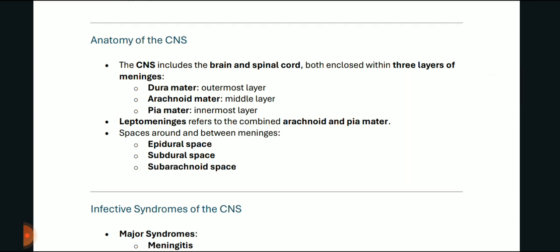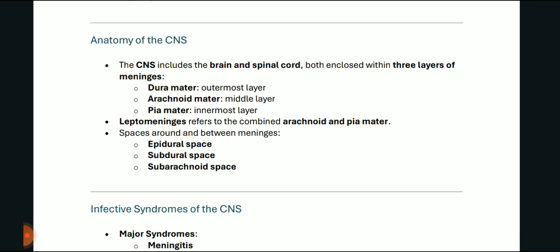The CNS includes the brain and the spinal cord, both enclosed within three layers of meninges: dura mater, which is the outermost layer, arachnoid mater, which is the middle layer, and pia mater, which is the innermost layer. The arachnoid and pia mater combined are known as leptomeninges.